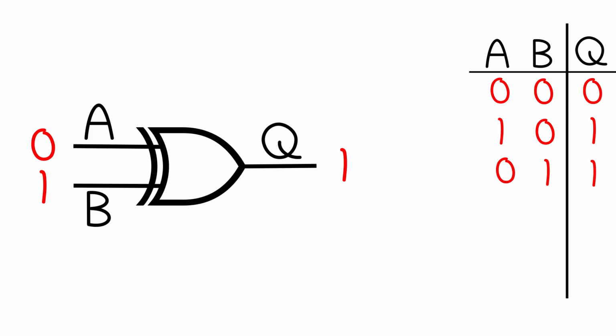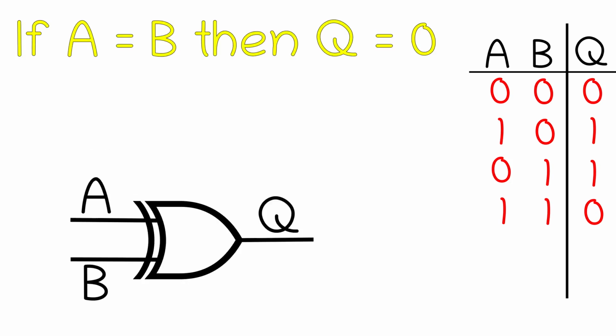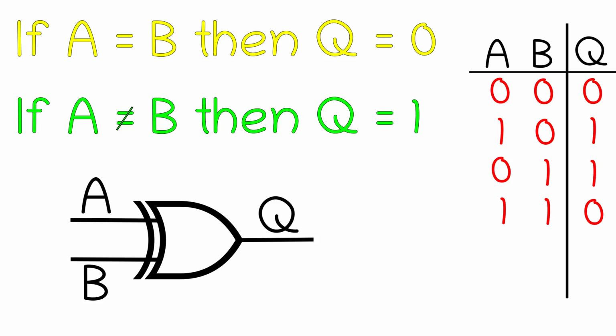What happens when we have a 1 on the A input and a 1 on the B input? We get a 0 on the output. Or in other words, if A and B are equal, Q is 0, and if A and B are not equal, we get a 1 on the output. So our XOR gate is a 1-bit pattern matcher.